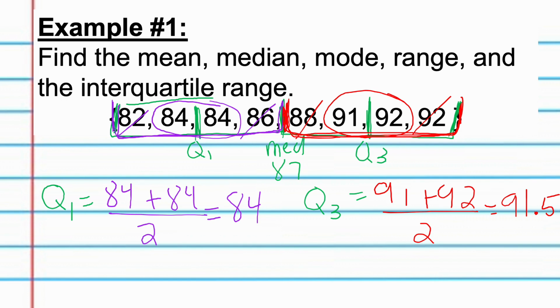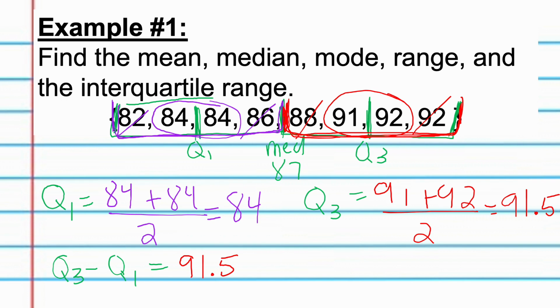Now we've found step 3, which is quartile 1 and quartile 3. Now we need to do step 4, and it's quartile 3 minus quartile 1. So we take our numbers. Quartile 3 was 91 and 5/10.